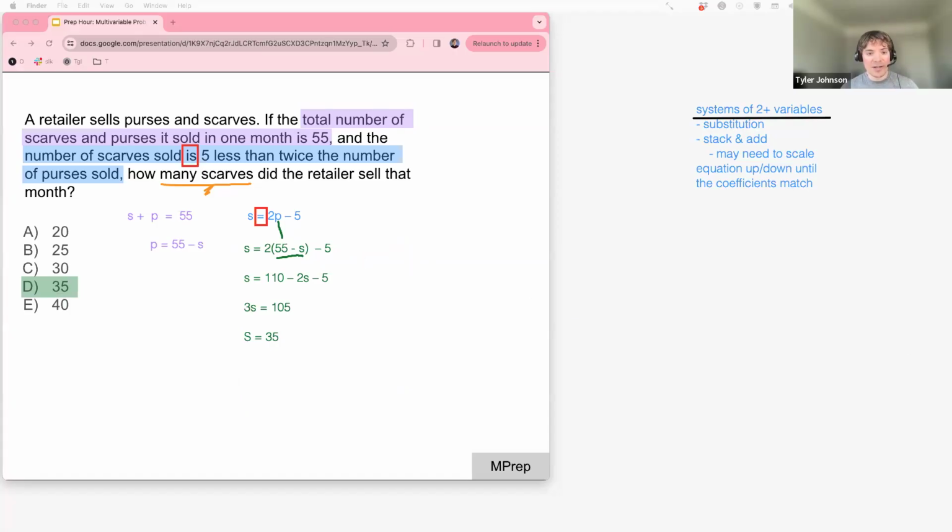If you wanted to, you could take these two equations and line them up. And as written, if I subtracted here, it would get rid of my S's. Remember that S, I want to keep that intact. So really what I'd prefer to do is scale that first equation up by 2.